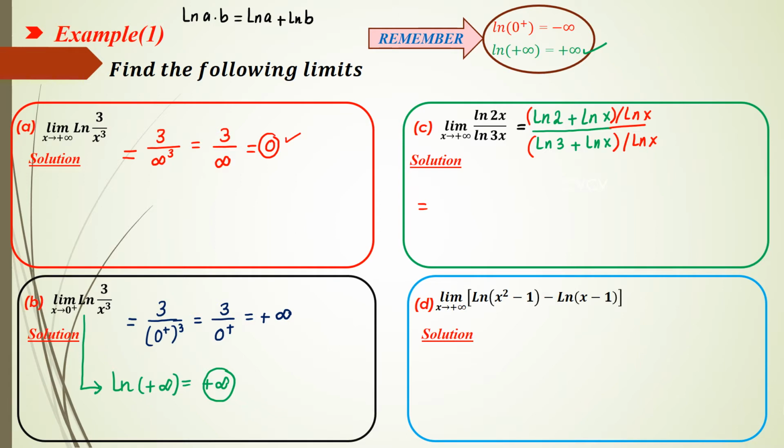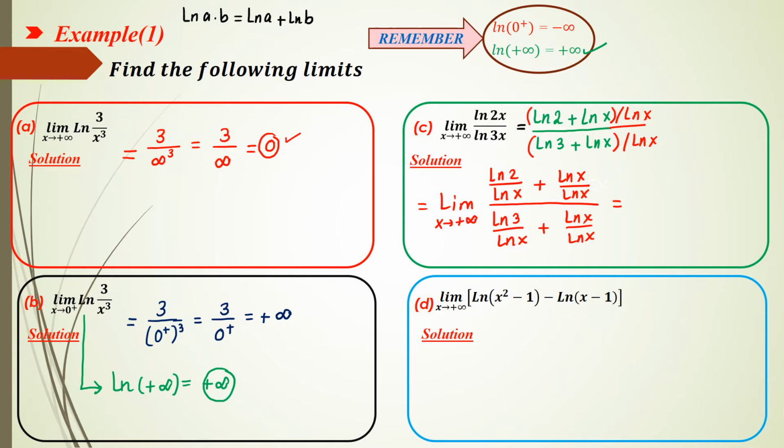So our limit will be the limit of ln 2 divided by ln x plus ln x divided by ln x, over ln 3 divided by ln x plus ln x divided by ln x, when x goes to positive infinity.